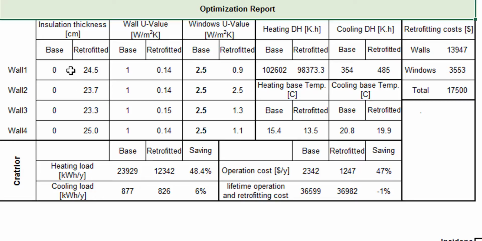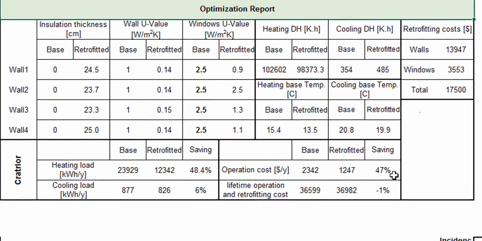By spending this money I specified at the beginning, the annual operation cost will be reduced from 2,300 to 1,200. So by spending this amount, I will save 47% of my annual operation cost.